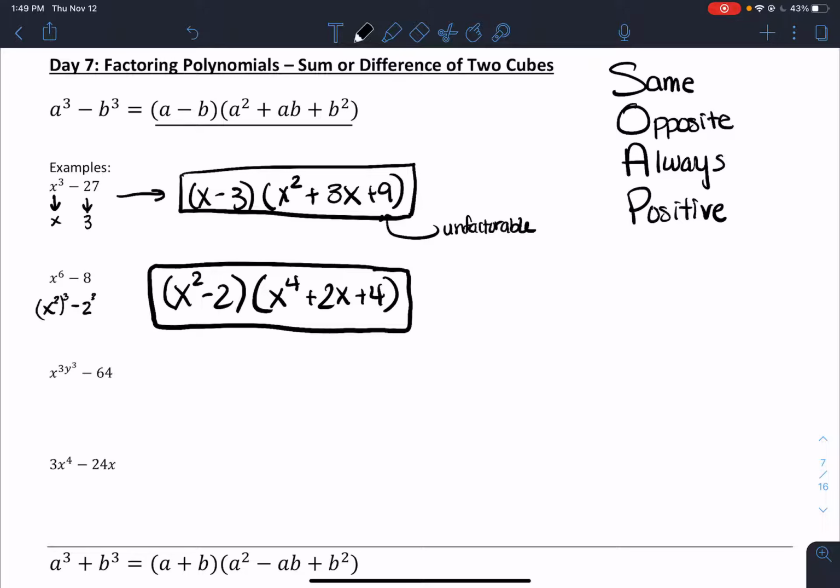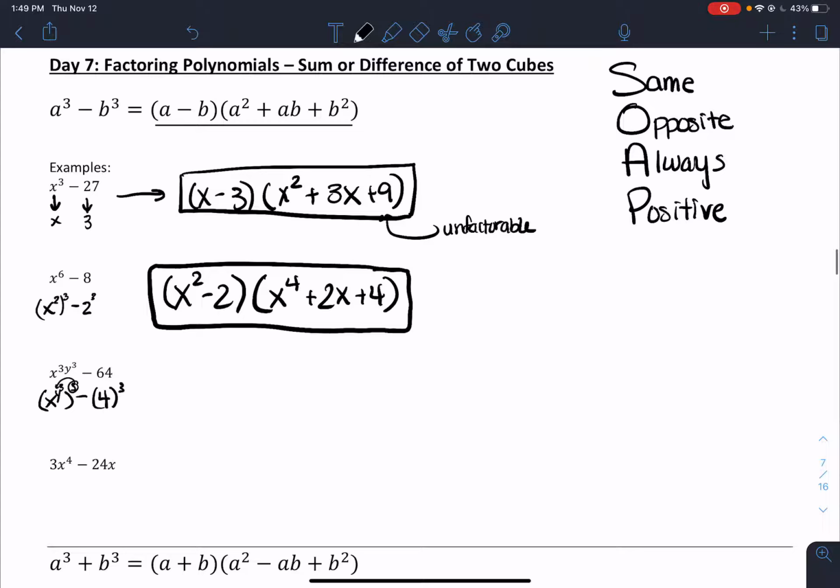This next one is a little bit more complicated. x to the 3y cubed minus 64. Well, 64 is 4 cubed. So now we need to figure out what would be in here. So it would be x to the y cubed. Remember, when we have an exponent to an exponent, we multiply those two exponents. So we multiply y cubed and 3 to get 3y cubed.